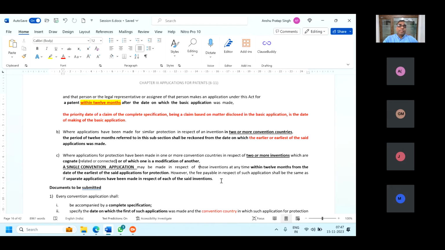So the question is about the fee. A separate fee will be paid, as if you have applied for both inventions, because you are falling back on two basic applications which are related. So that's all.